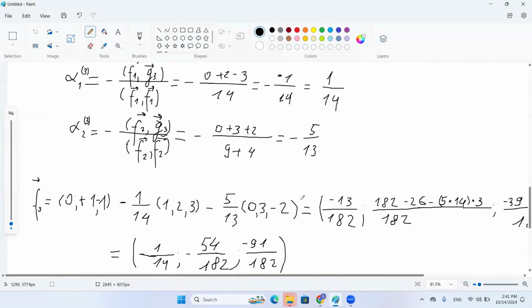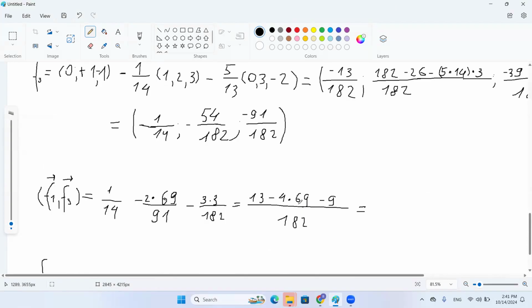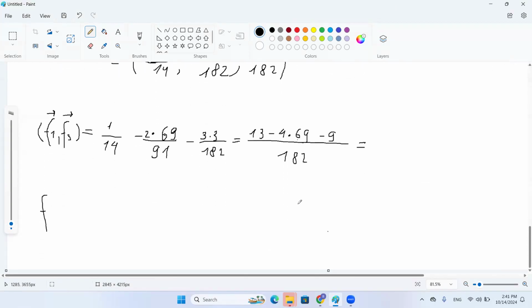Because we have a lot of fractions, and we get confused. So it's better to have this task solved for your better understanding. So more questions?